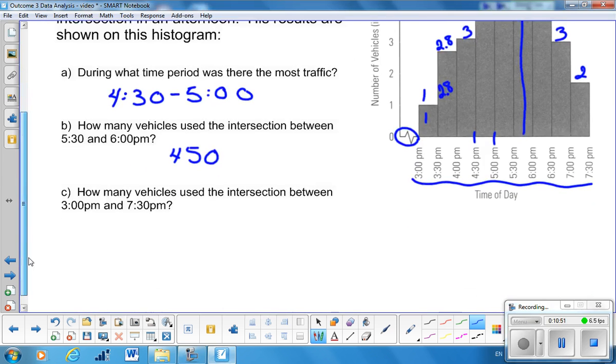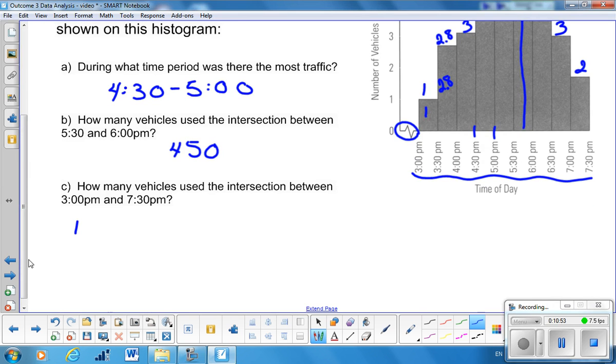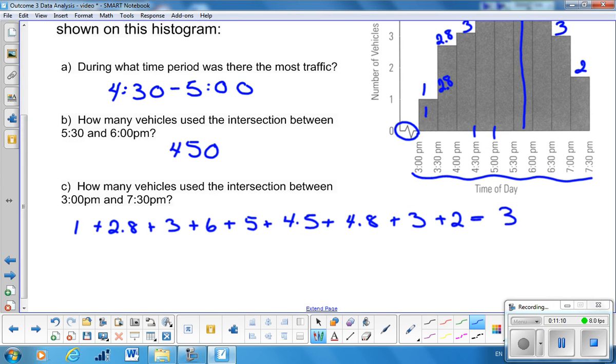So adding up those numbers, the first bar was 1 plus 2.8 plus 3 plus 6 plus 5 plus 4.5 plus 4.8 plus 3 plus 2 equals 32.1.